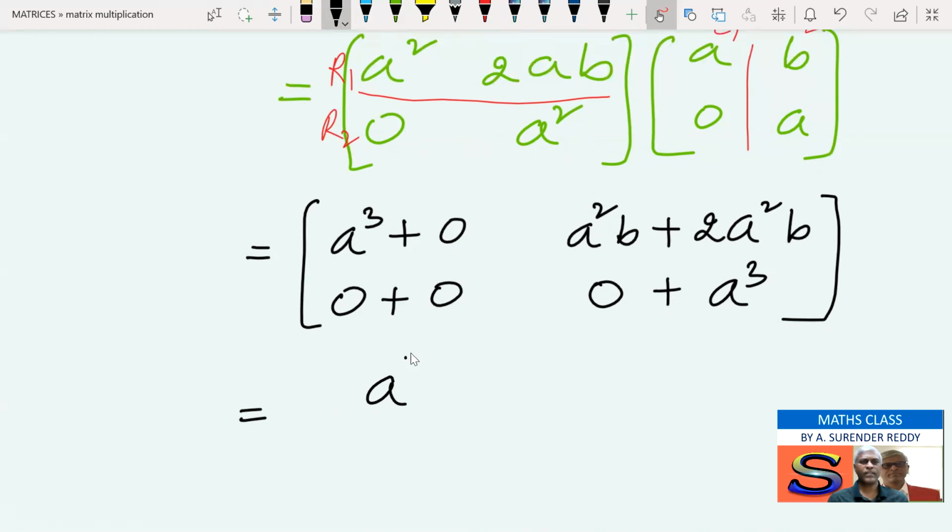So this is A cube, A square B, 2A square B, 3A square B, 0, this is A cube.